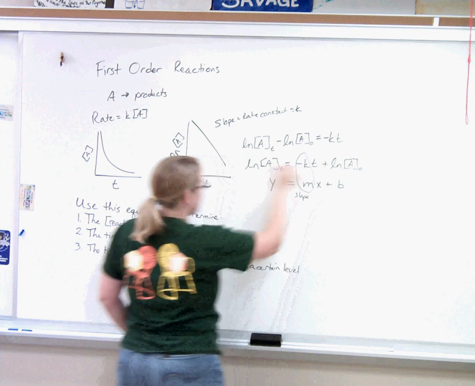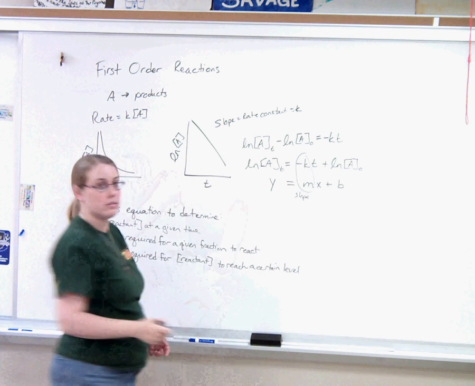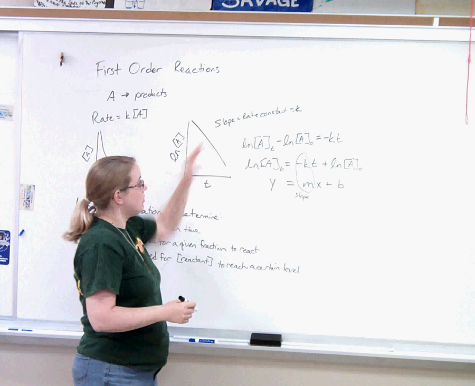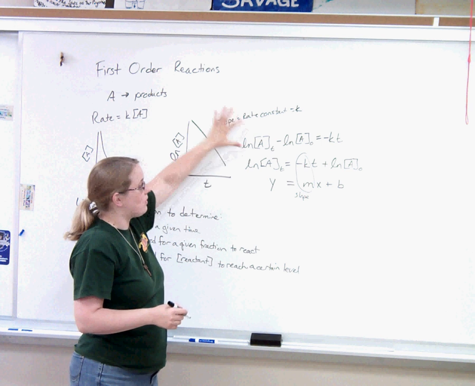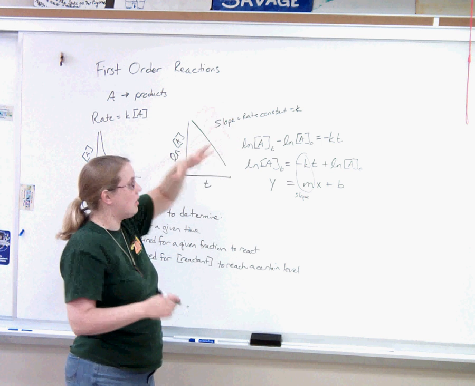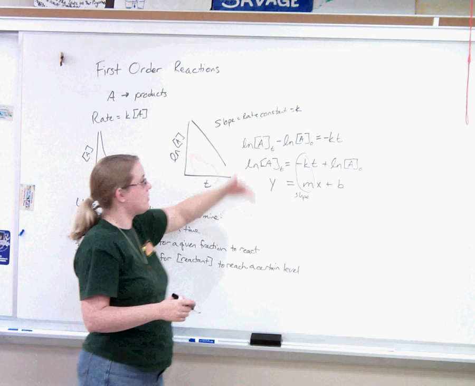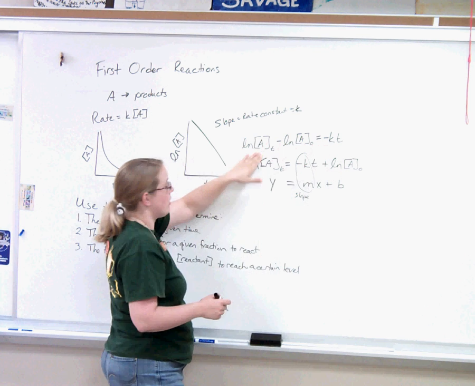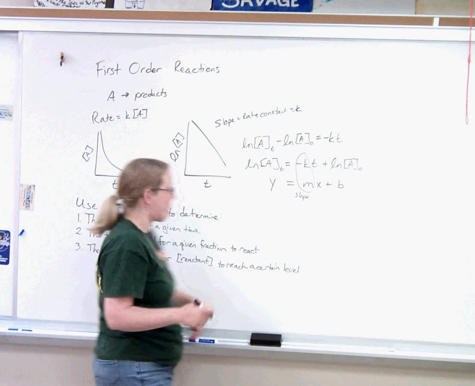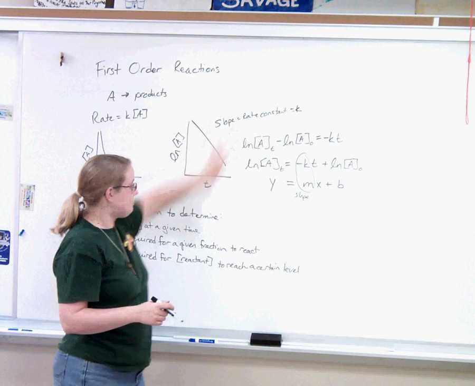And then this is on our x-axis, and that is on our y-axis. So if you use this equation, you can find the concentration of any reactant at any time. So given a certain time, to find the right concentration, you have to know what the slope is. When we use this equation, there are 3 options.